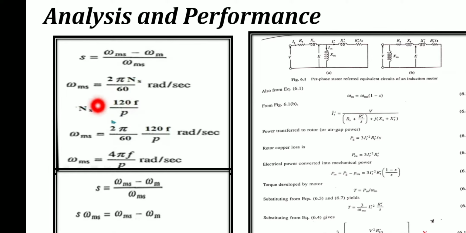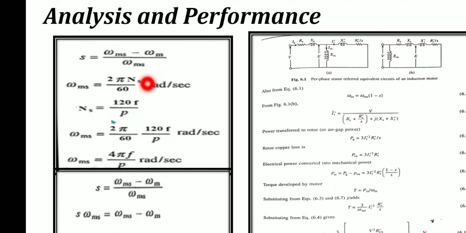Now you substitute this Ns here: 2 pi divided by 60 into Ns, which is 120 f divided by p. Now how much will you get? 60 here, 2 2s are 4, so 4 pi f divided by p here. The unit of this synchronous speed will be radian per second itself. 4 pi f divided by p, where f is the frequency and p is the number of poles itself.